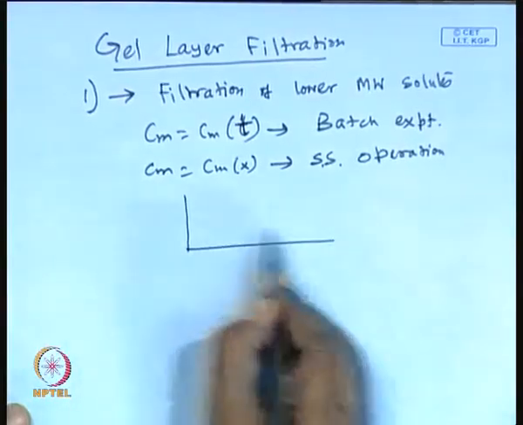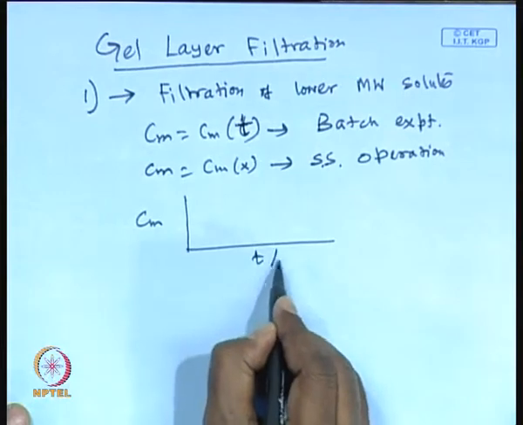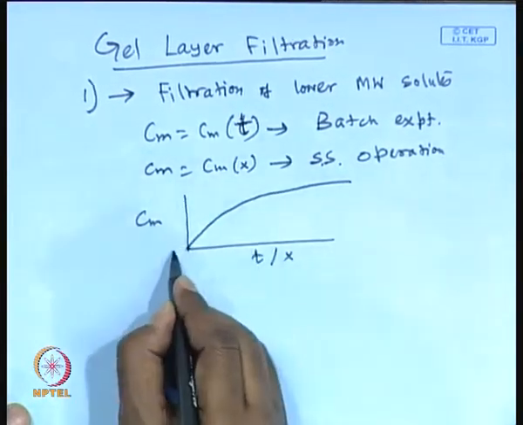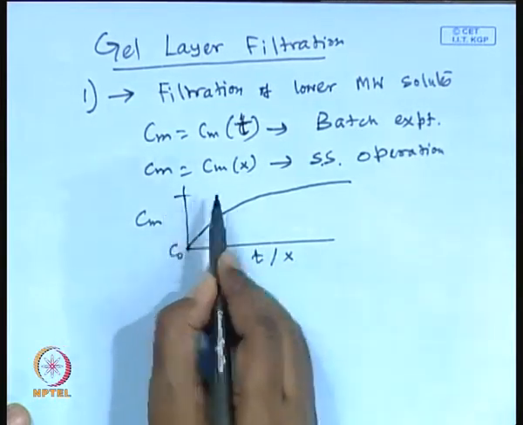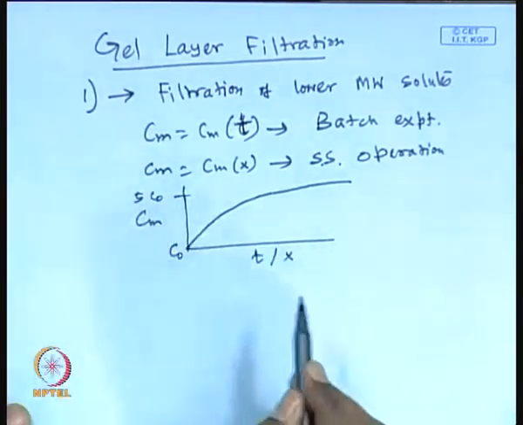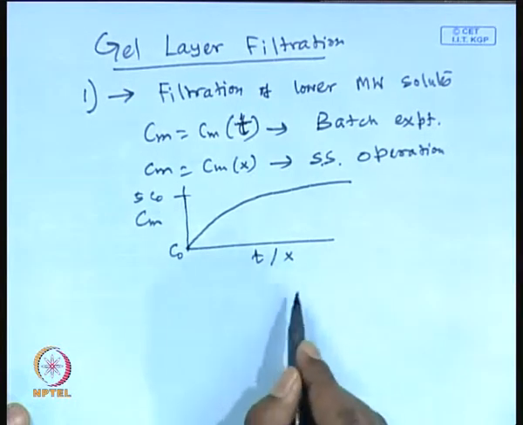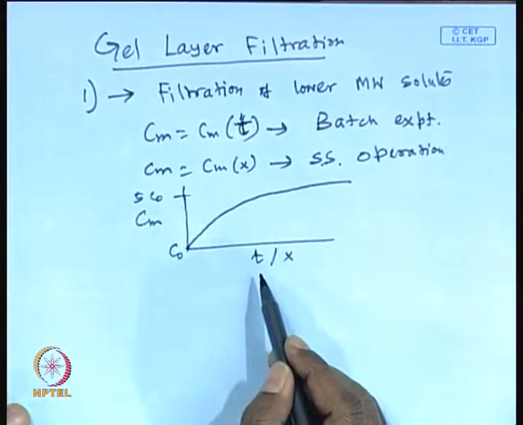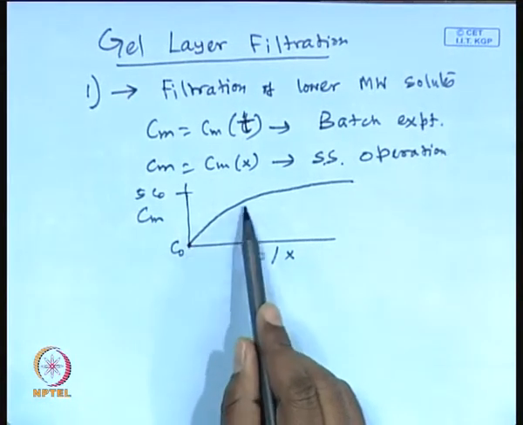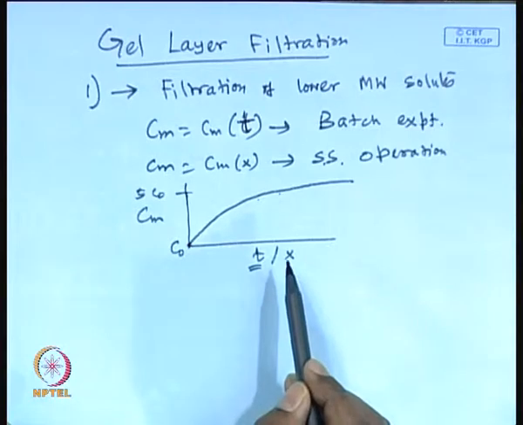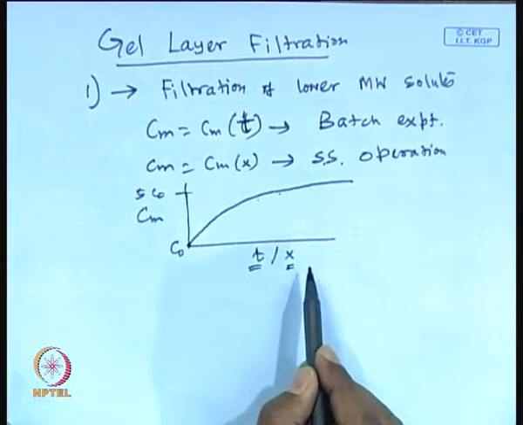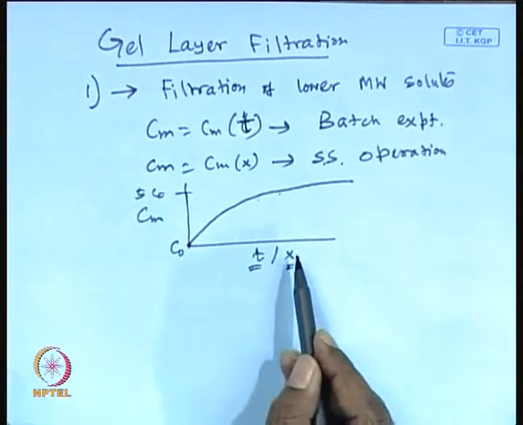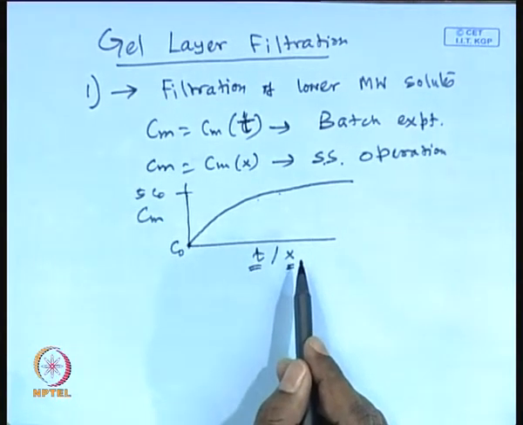Now, if you plot Cm versus t or x, the curve will typically look something like this, starting from C naught to, let us say, 5 times C naught or whatever. Now, what happens in such a system, which is basically osmotic pressure controlled? Initially, the membrane surface concentration increases with time for a batch system, or with respect to x in a steady state cross flow system, and it may happen that at that particular temperature it exceeds the solubility limit.